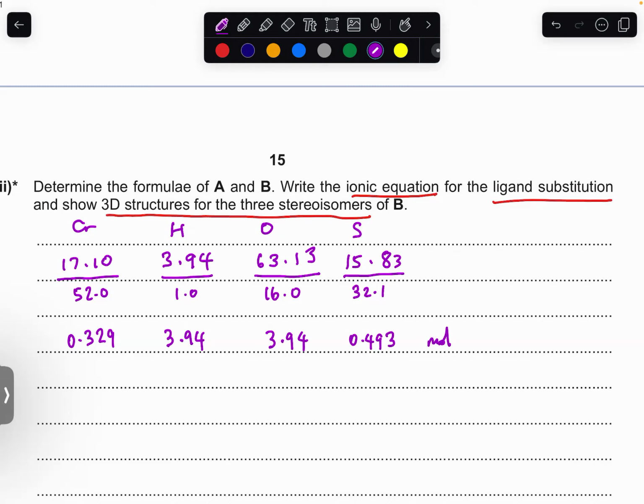Now, the next step, once you work out the relative amounts in moles, you divide all of them by the smallest number.